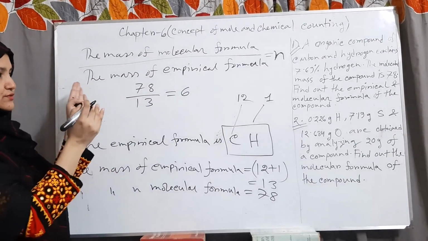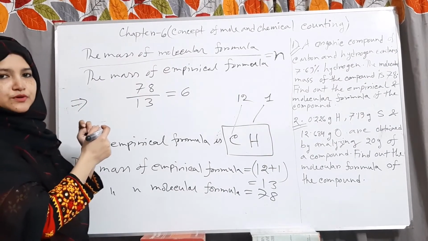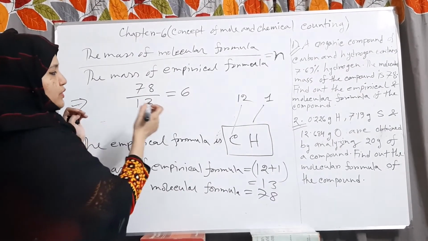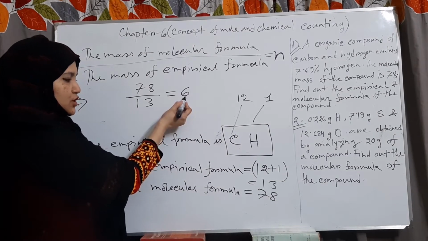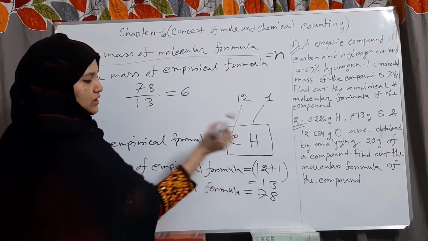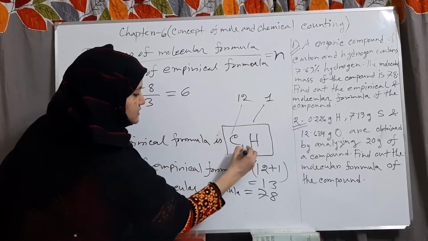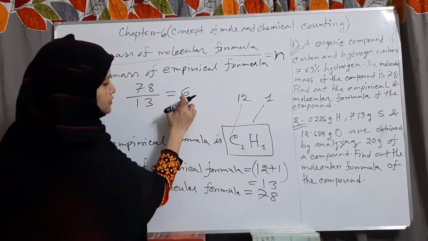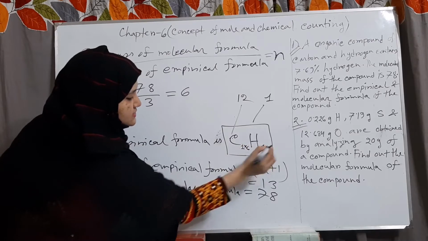So our final step to get the molecular formula of the compound is to multiply this whole number n, that means 6, to the subscripts of the empirical formula. That means 1 and 1. You have to multiply these by 6 and 6.